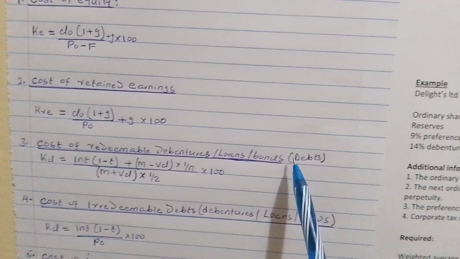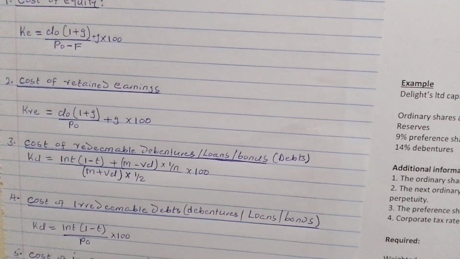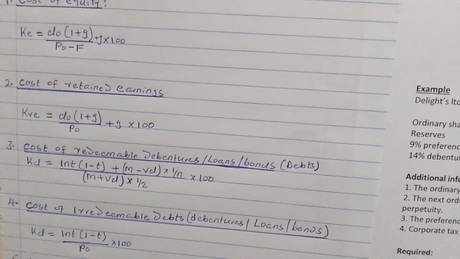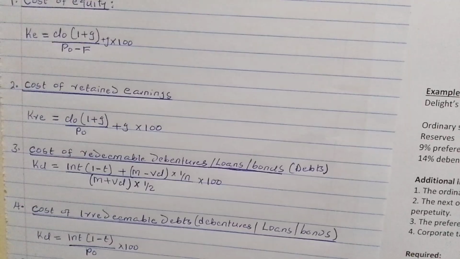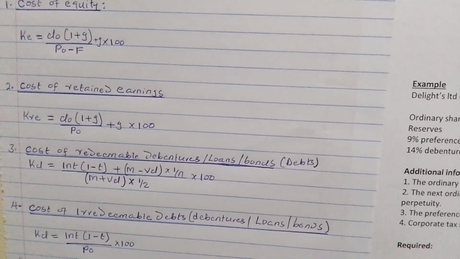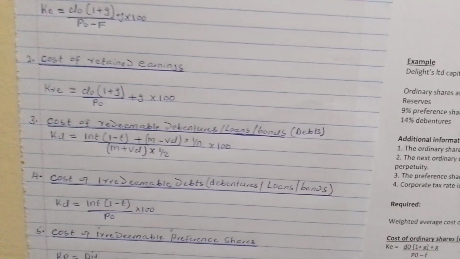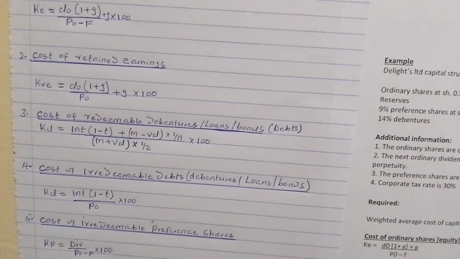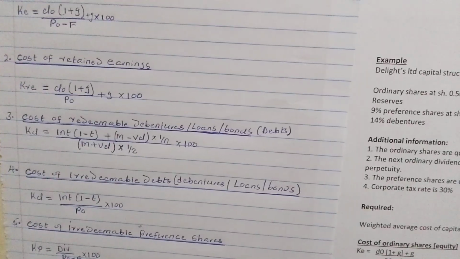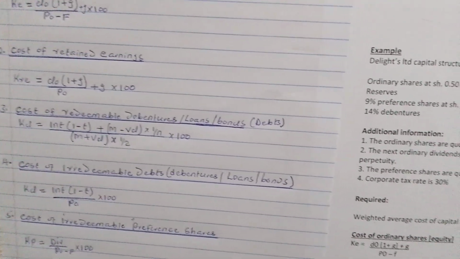I have just mentioned that debts may either be debentures, loans, or bonds. So when you are told that a business enterprise has raised debt, you have in mind that it can either be from bonds, loans, or debentures.